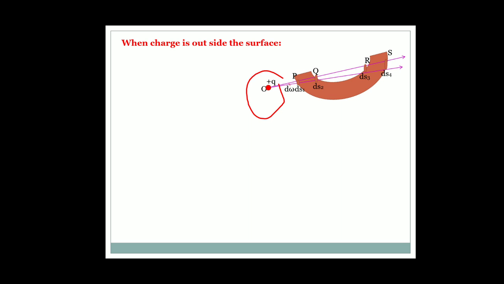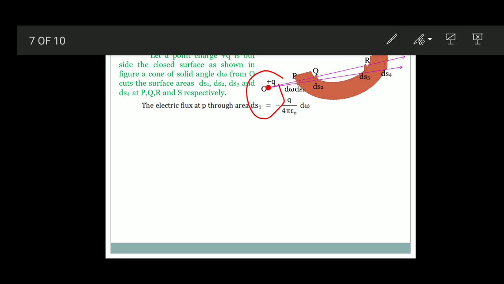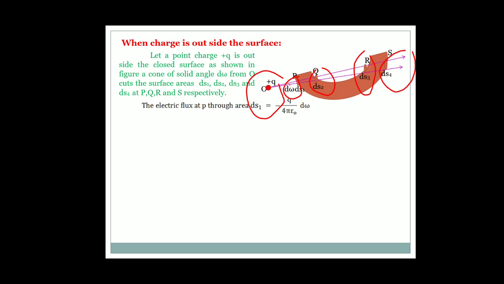Now I am assuming only two lines of force which are passing through the closed surface along the directions P, Q, R, S. So there is a line of force passing along P, along Q, along R and along S, through different areas, maybe ds1 at P, ds2 at Q, ds3 at R, ds4 at S. At P, the line of force is passing inside of the closed surface.